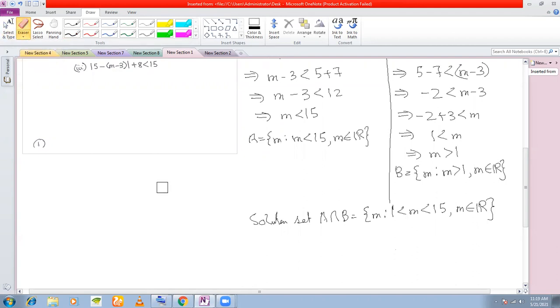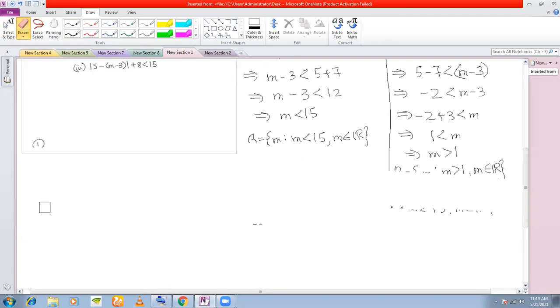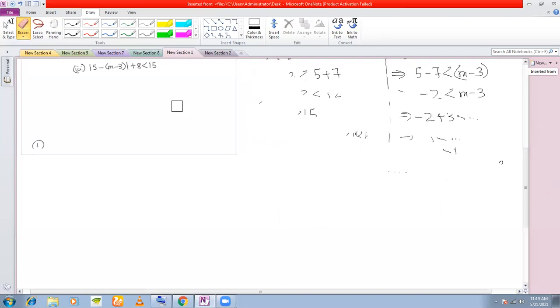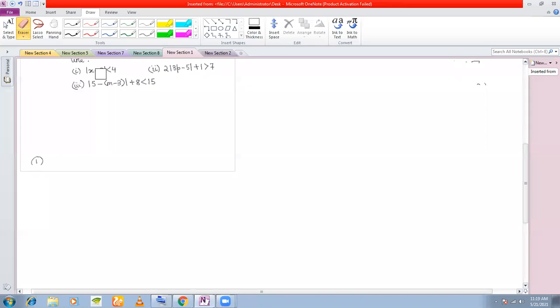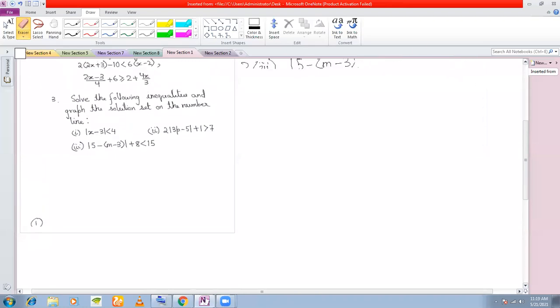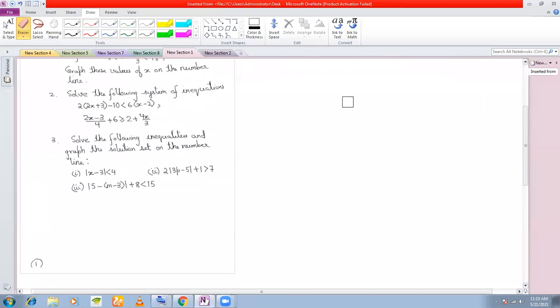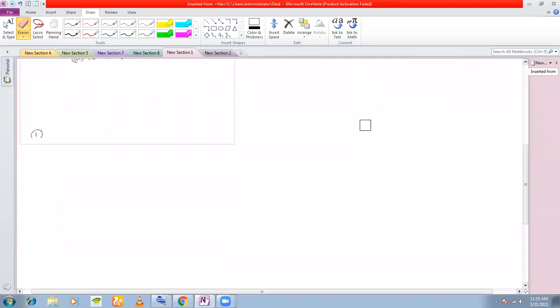Okay, now I want to start something that is very important before going on to the next section. This part deals with a little bit of coordinate geometry, which you have already done in your class 9. If I give you two simultaneous equations, you know how to graph a straight line.